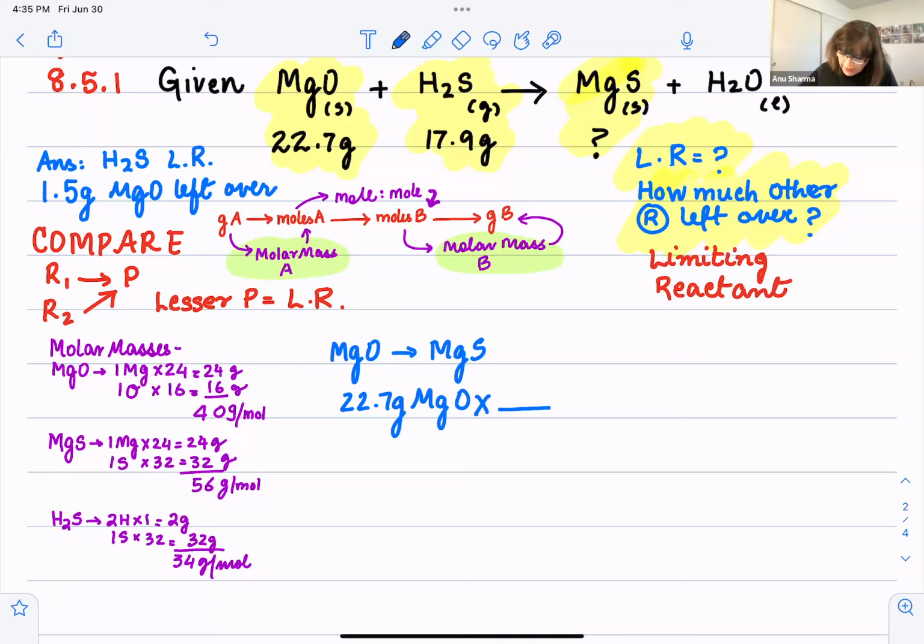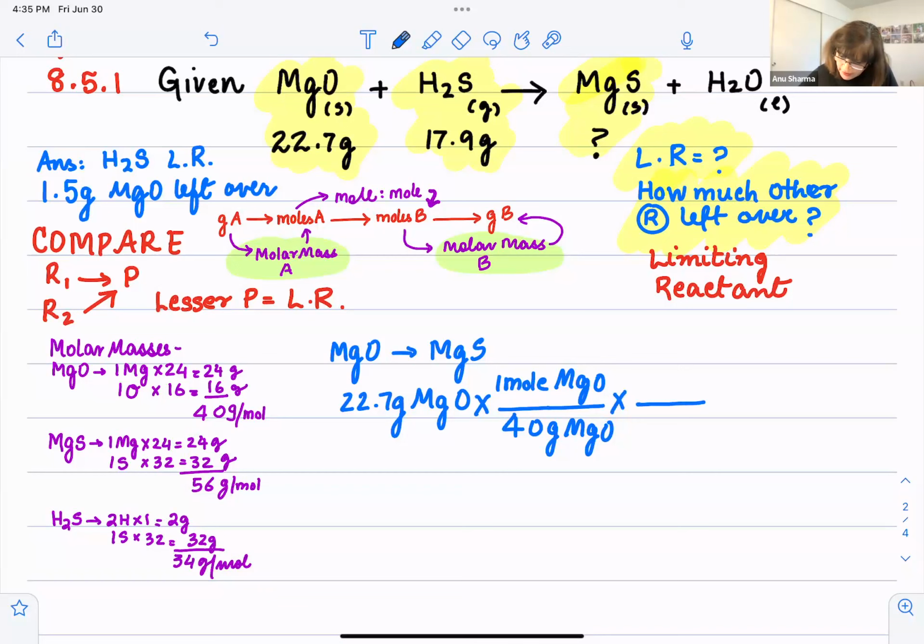Okay, so here we have 1 mole of magnesium oxide, and that is equal to, we calculated the molar mass, and the molar mass of magnesium oxide was 40 grams of magnesium oxide. The next step is mole to mole ratio.